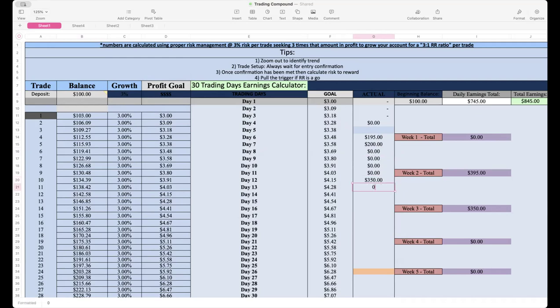And then the rest of the week, let's just say you didn't make anything. So now you're at $845. And now let's say based on your $845, you traded a 0.8 for 100 pips. So that's $8 a pip. So that's $800.